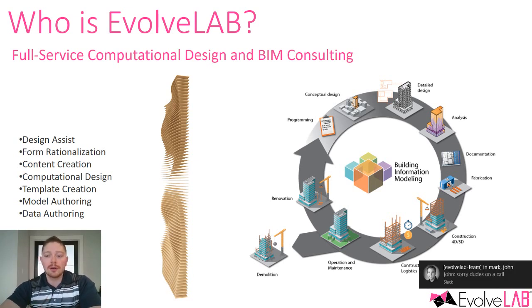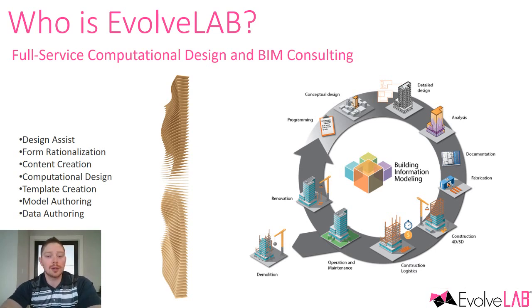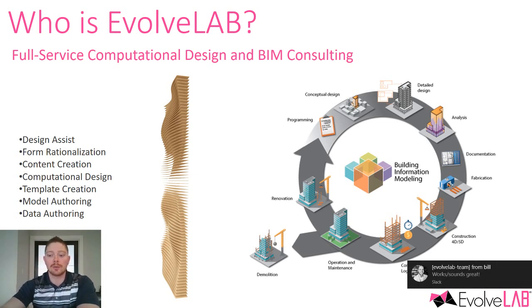We do anything from BIM modeling and design assist, content creation, anything dealing with Revit families, from Revit to parametric families in Dynamo, or anything you can think of that deals with the building industry with computational design. That's the bread and butter of what we do. It's a lot of fun. I'm coming to you from Denver. So that's the base of what we are.